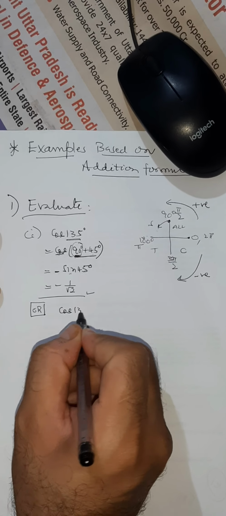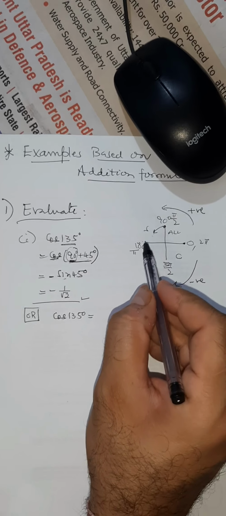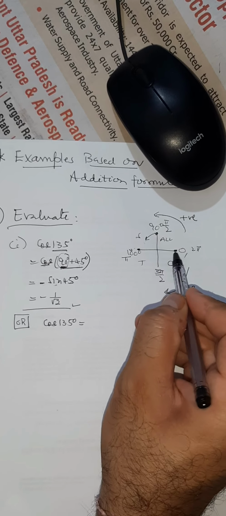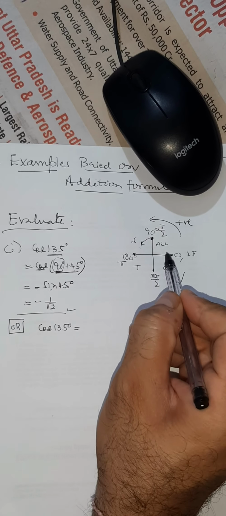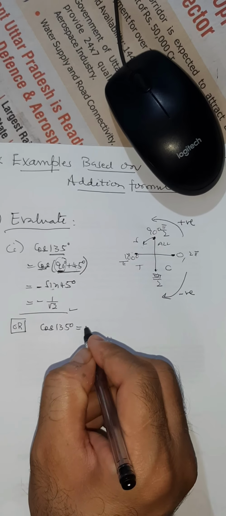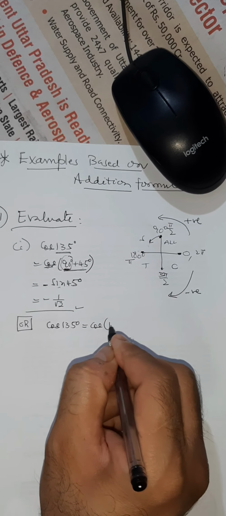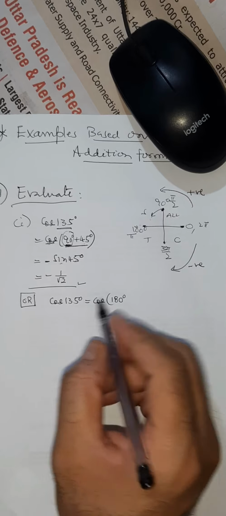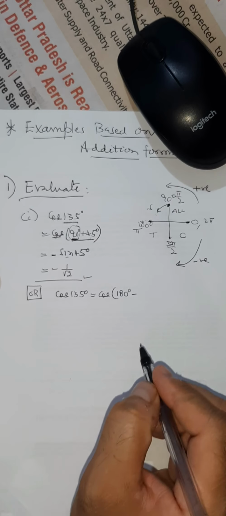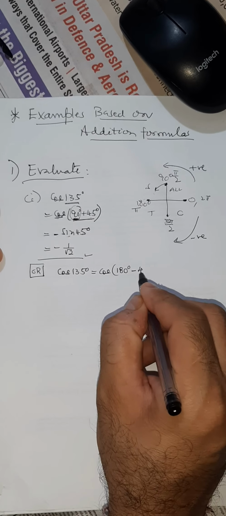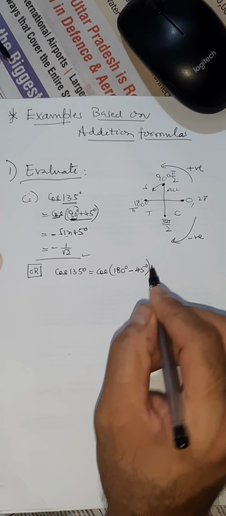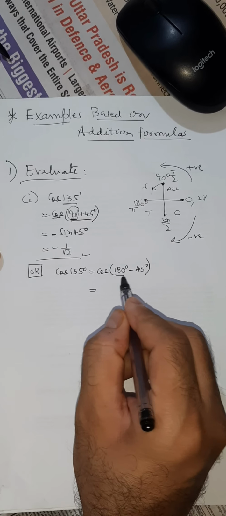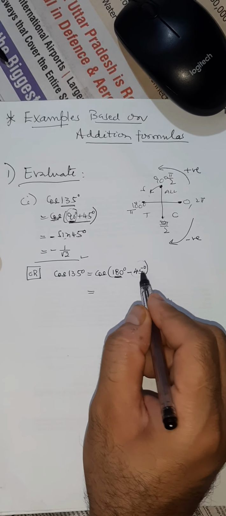Cosine 135, you can write, always you write plus or minus of these 4 standard reference points, remember. So I can write cosine 180 minus how much? So this is again minus 45. Now this is pi minus something.